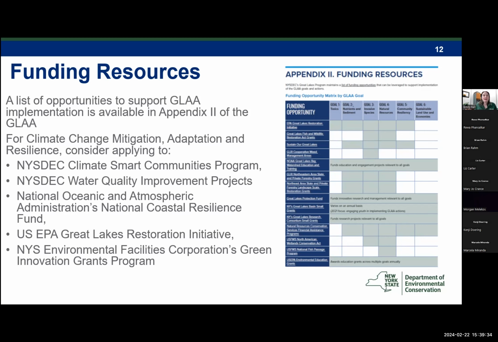The National Oceanic and Atmospheric Administration has a National Coastal Resiliency Fund. The Environmental Protection Agency has Great Lakes Restoration Initiative funding, and New York State's Environmental Facilities Corporation has a Green Innovation Grants program, along with Water Infrastructure Act funding for improving wastewater and sewer infrastructure as well.